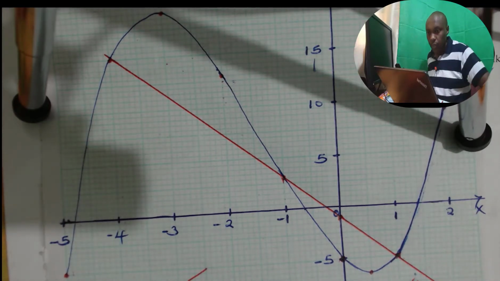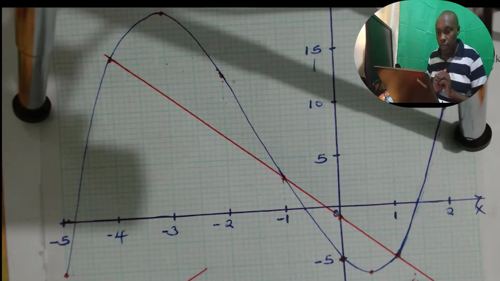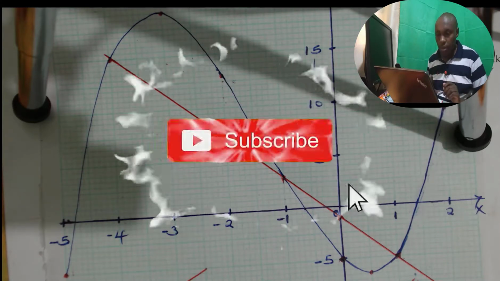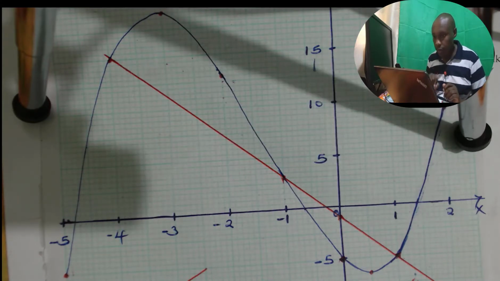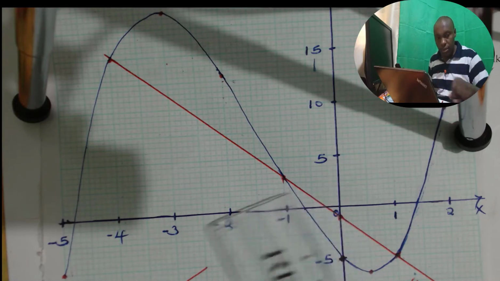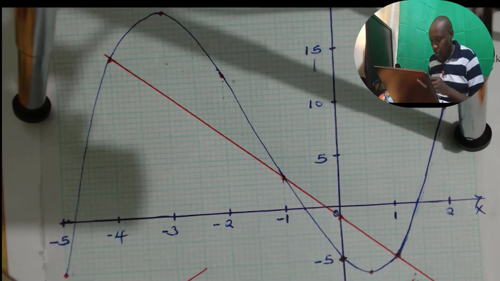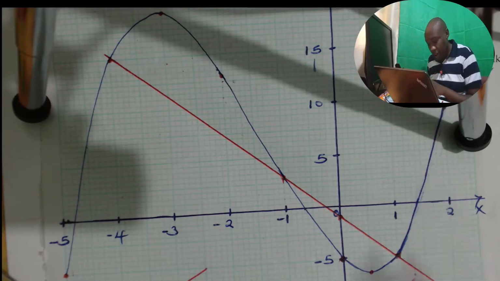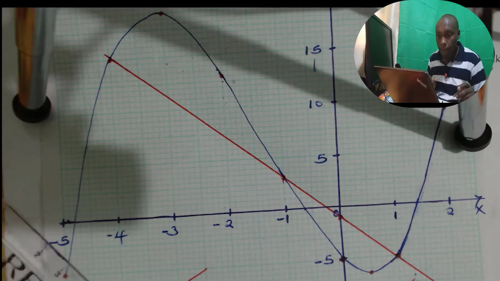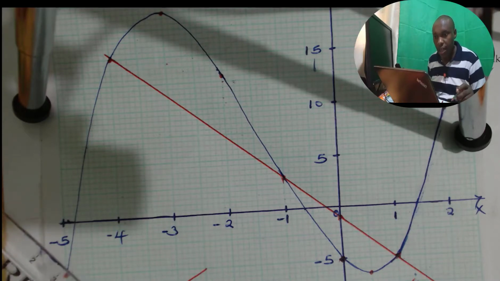Now let us come to answering the question. We are supposed to solve by drawing a suitable straight line. So what we do is check the intersection of that line and the curve. Let me repeat that. We check the intersection points of that line and the curve.